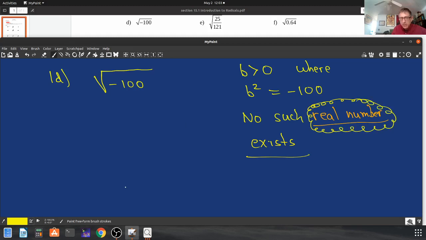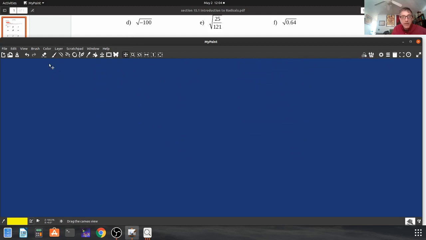In intermediate algebra, the square root of minus 100 is going to be called 10 times i, where i is called the imaginary unit. So it's a complex number with a non-zero imaginary part. But you don't have to worry about that. It's coming up. You'll get there sooner or later if you have to go that far. I don't know what your programs are, but many of you will have to deal with that. So you saw it first here.